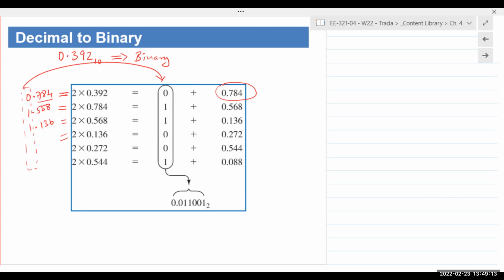If you want 5 significant digits, you would write 0.01100. For 6 significant digits, you would write the entire thing, 0.011001. If you want to go one more, you do 0.088 times 2, and you keep on going. But the farther you go, the more zeros you're going to get.